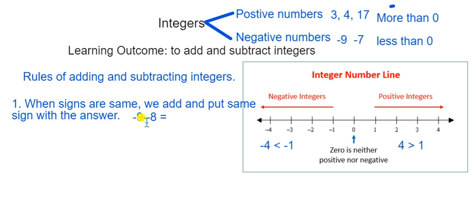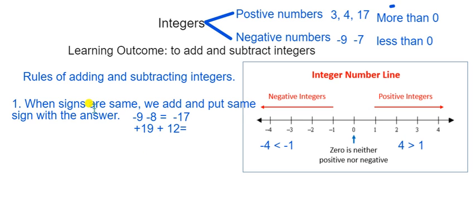So if we have same signs, we will add: 9 plus 8 is 17, and as the negative sign has been used, we will put the same sign with the answer. I hope it's clear. Let's take another example. In this equation, there are two numbers and two signs have been used which are the same.